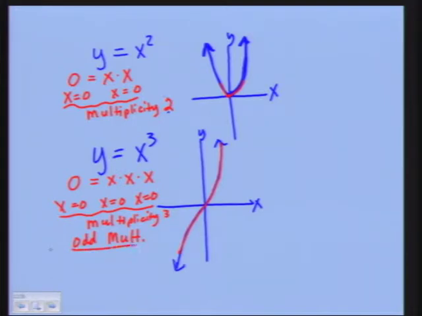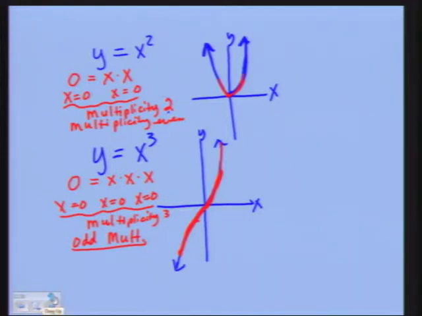So every time we have odd multiplicity, it will follow the pattern of y equals x cubed of going straight through the axis. But on the other hand, when we had multiplicity 2, our multiplicity was even, and when it's of even multiplicity, we will hit the graph at that 0 but turn back around.